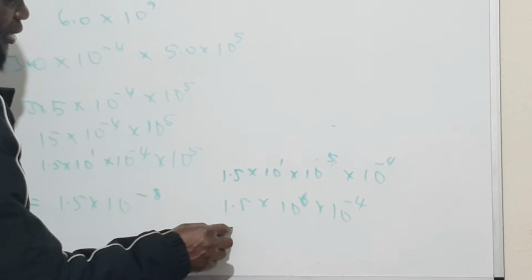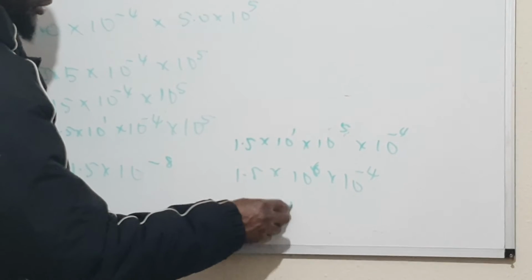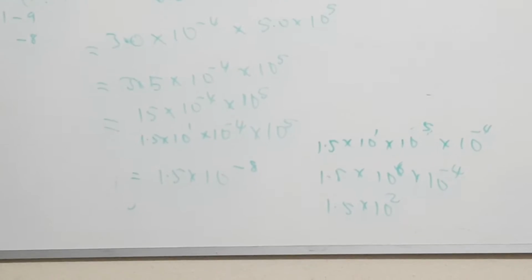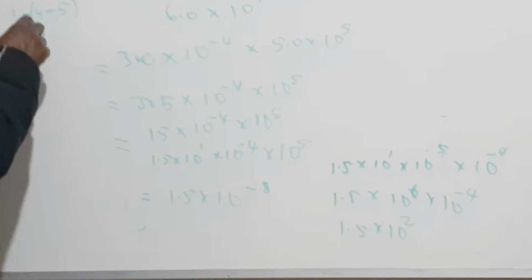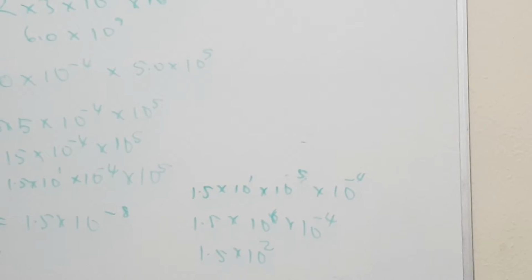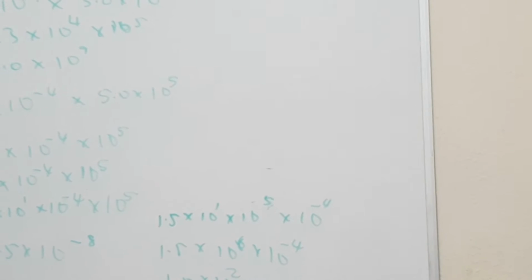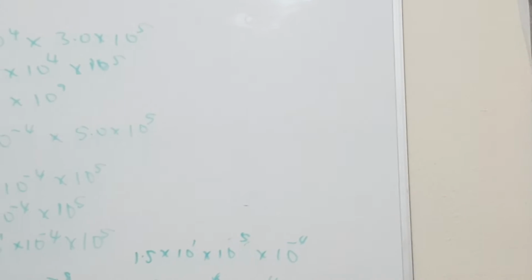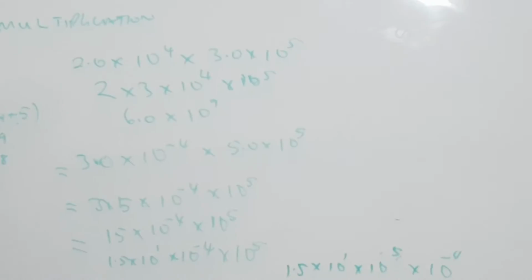Yeah, that's 1.5 times 10 to the power 2. Yes, that's right. I made a mistake. So this would have been minus 1 plus 4... minus 4 plus 5 is 1, plus 1 is 2. That's correct.